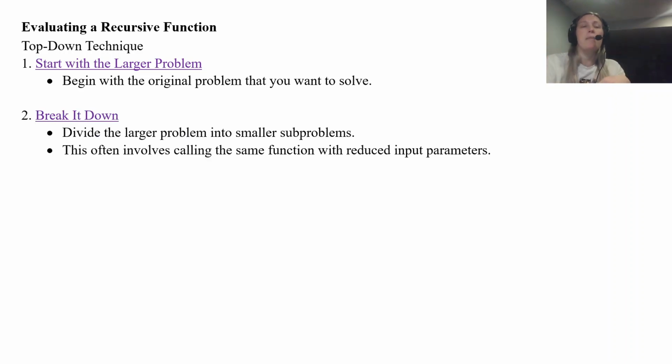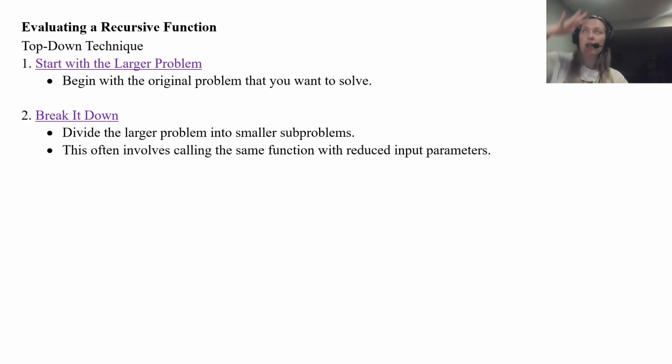And we're going to break that problem down into smaller sub-problems. So this involves calling the same method with reduced input parameters, or sometimes increased parameters, but you'll see. But usually smaller input parameters.